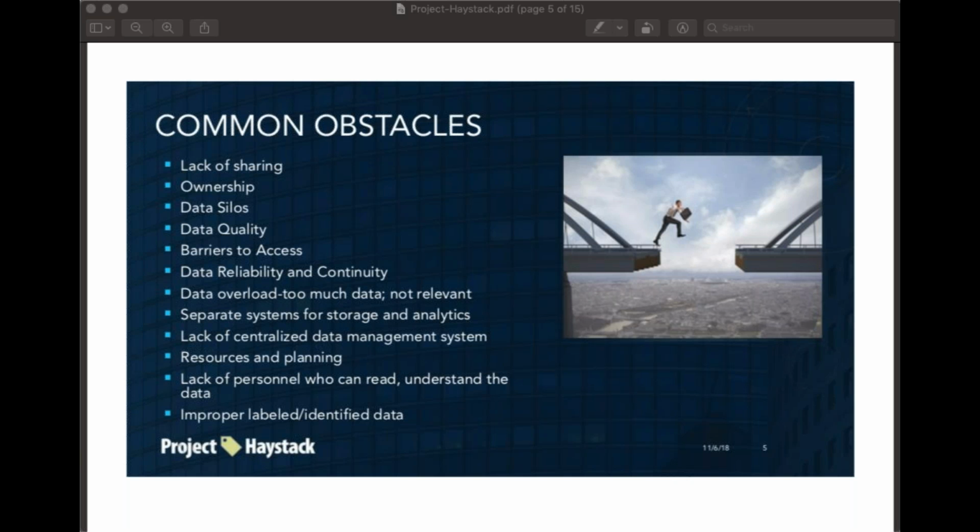You know, barriers to access. When you see this on a slide, people are most often talking about proprietary limitations to get into the data from different systems. There's a long legacy in the building automation, building controls market of barriers being there to accessing data.